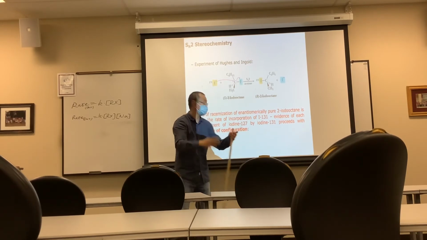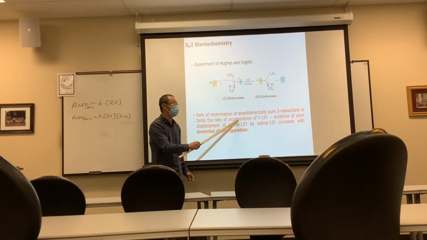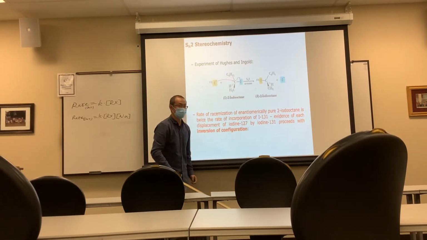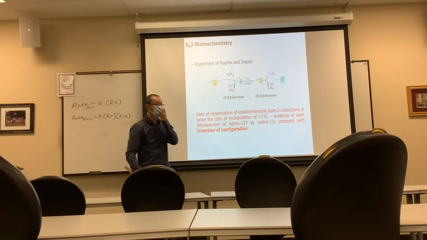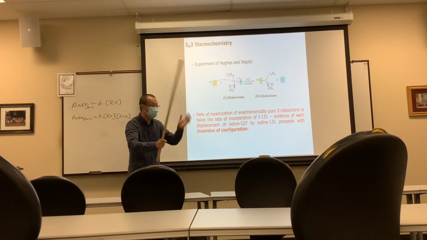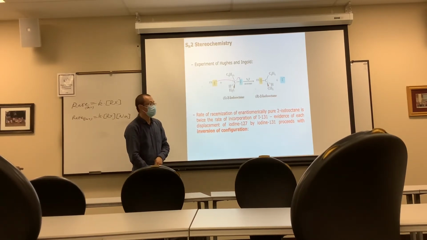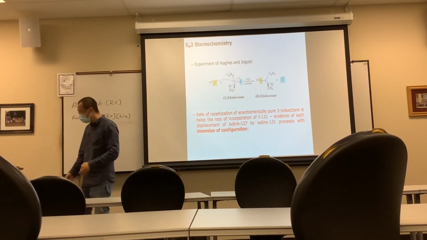They become racemic. That's why the rate of racemization is twice as much as the incorporation. That supported the idea of inversion. Only when you invert, you get racemic that fast. That's a very famous experiment to support the inversion of SN2.